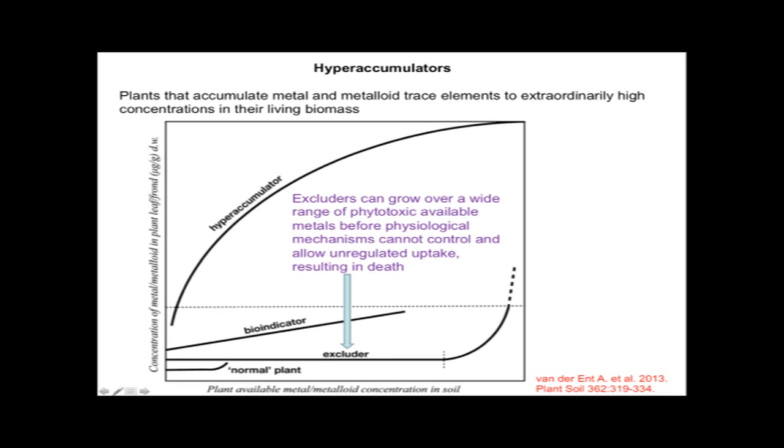Excluders can grow over a wide range of available metal concentration in the soil, and they have mechanisms to exclude the metals from their biomass. However, if a threshold is reached, then these mechanisms cannot control the uptake of metals, and the plant dies.